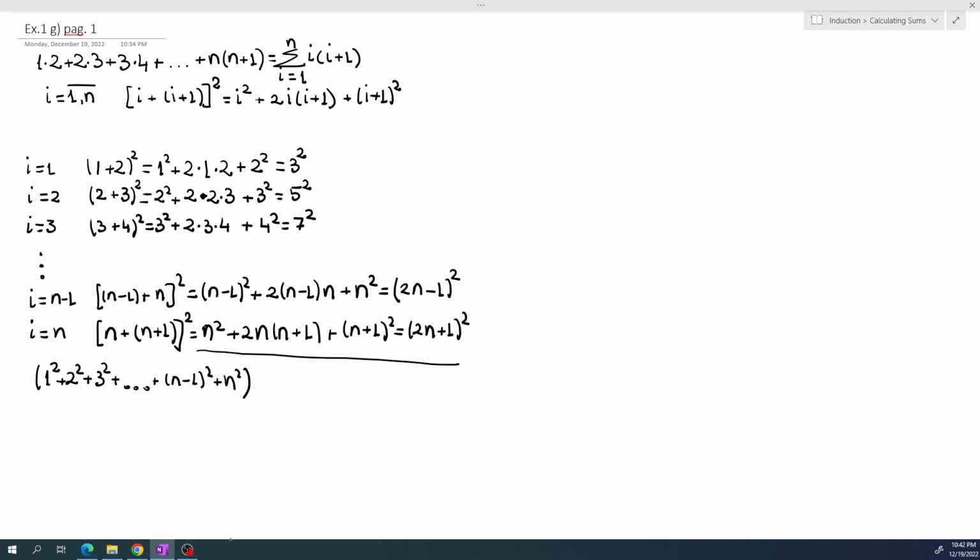This is the sum of the squares of the first n numbers.